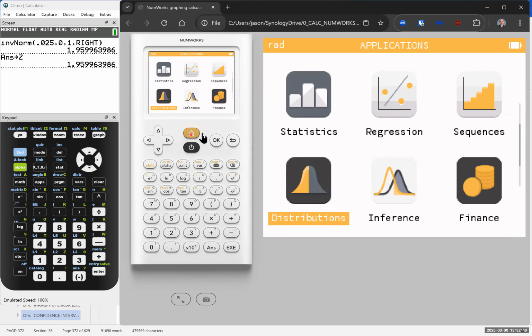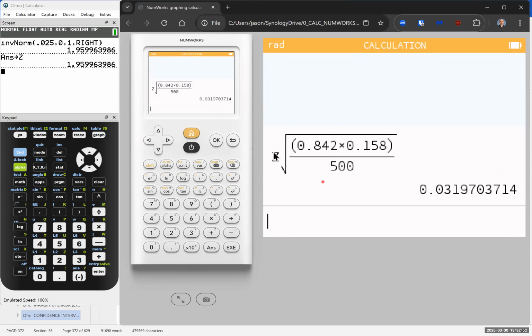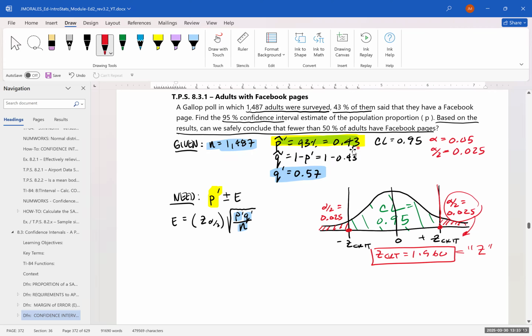And I can come back out, go to the calculation. And yeah, I'm going to do the same thing I did in a previous calculation. So let's say I want to bring out variable Z. Then I want to do the square root. And I'm going to put the numerator in parentheses. So it's going to be 0.43, which is P prime, times Q prime, which is 0.57.